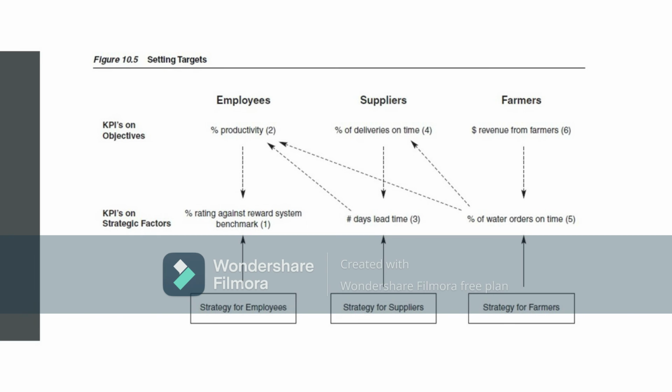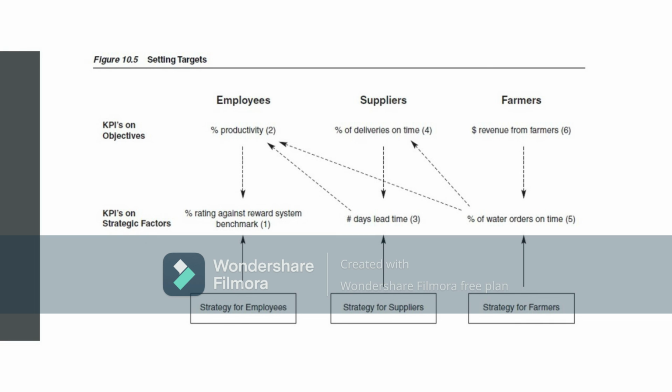Suppose, for example, Griffith Irrigation has set a target to increase revenue from farmers by 25 million. With the implications of that flowing from right to left, it's clear that a target based on the KPI dollars revenue from farmers, number 6, impacts targets for the KPIs on strategic factor for farmers. Here the KPI is percentage of water orders on time, number 5.